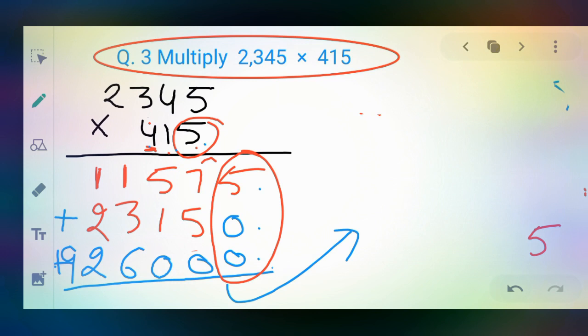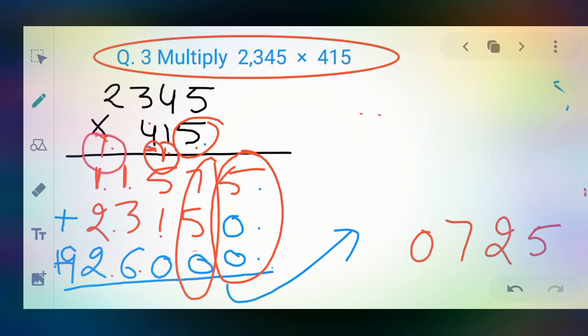Now if you add these digits, what you get? 7 plus 5 is 12. 2 you write here and 1 becomes carry. So where you write carry? Here. So 5 plus 1 is 6, 6 plus 1 is 7, so 7 you can write here. Clear? Now next is 6 plus 3 is 9 and 1, it becomes 10, so again there is carry.